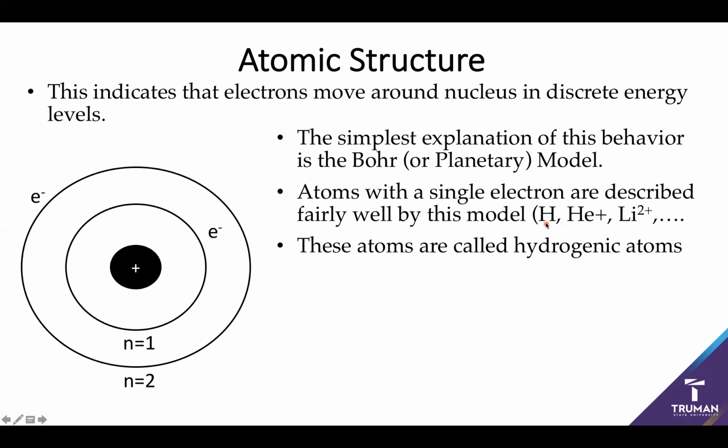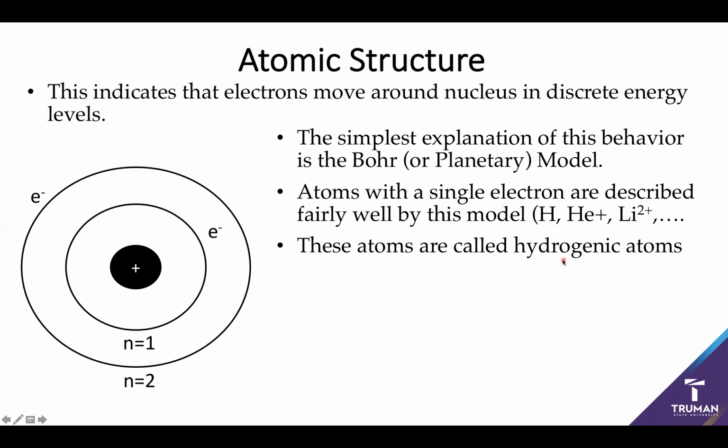However, the charge can range from, say, hydrogen, which has one electron, one proton, helium plus, which has two protons and one electron, lithium 2 plus, three protons, one electron, all the way through the periodic table. However, not too surprisingly, as we get to heavier elements, we're a little less likely to see that in nature. But they're a pretty good way to start with electronic behavior because I only have one electron to model.